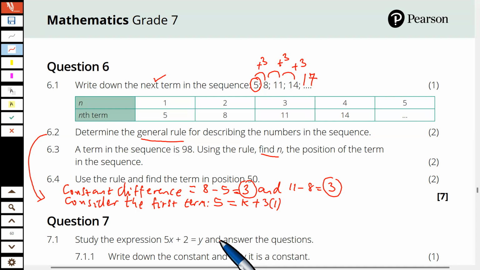I know this is a tricky way to reason, but try to reason this out. So you have 5 is equal to K plus 3. Then after this you transpose, so the 3, which is positive, you now make negative.